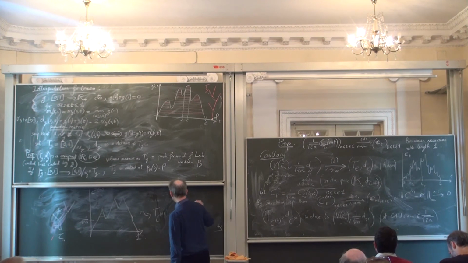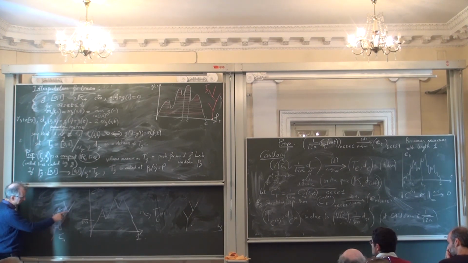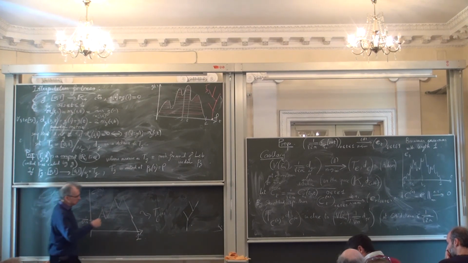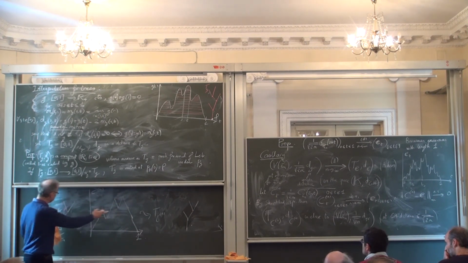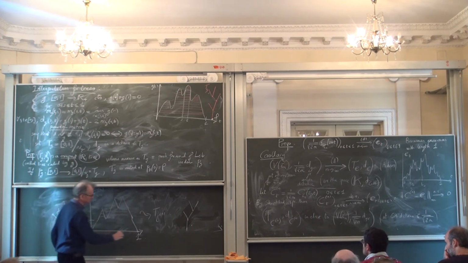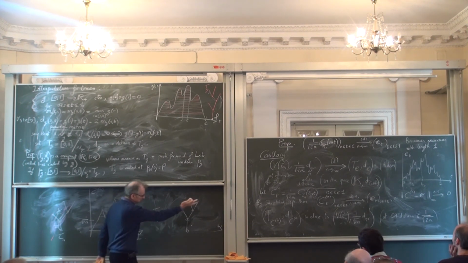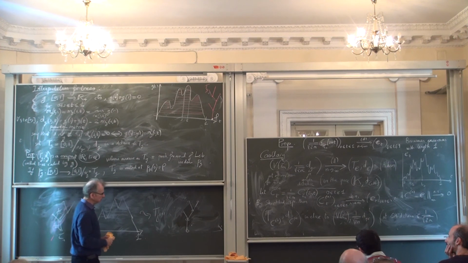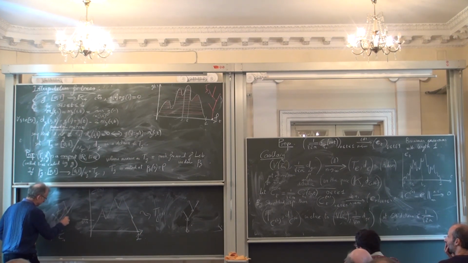The difference is that here, the tree is a discrete object. It's just a collection of vertices. Here it's what people sometimes call a metric graph. I have put segments between my vertices. But otherwise, it's the same object. And of course you can embed the set of vertices here in the tree. So just by the definition of the Gromov-Hausdorff distance, you see that here I should have put dashed lines if you want.